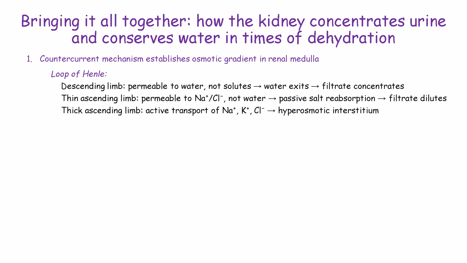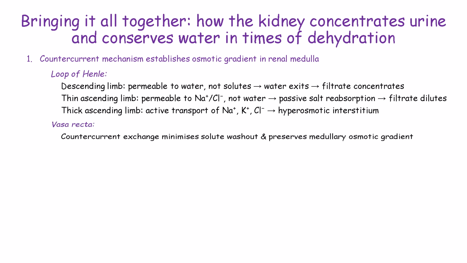The thin ascending limb is permeable to sodium and chloride, but not water, and passive salt reabsorption dilutes the filtrate. In the thick ascending limb, active transport of sodium, potassium and chloride creates a hyperosmotic interstitium. Countercurrent exchange involving the vasa recta minimises solute washout and preserves the osmotic gradient in the renal medulla.